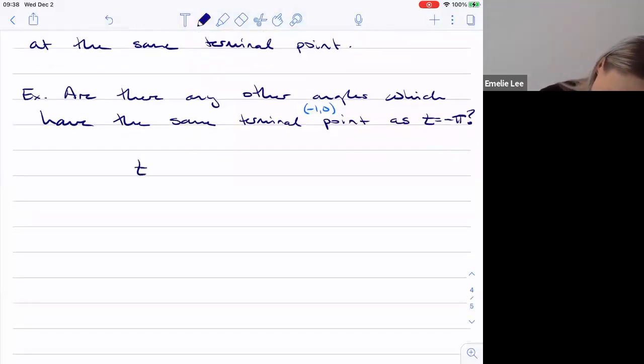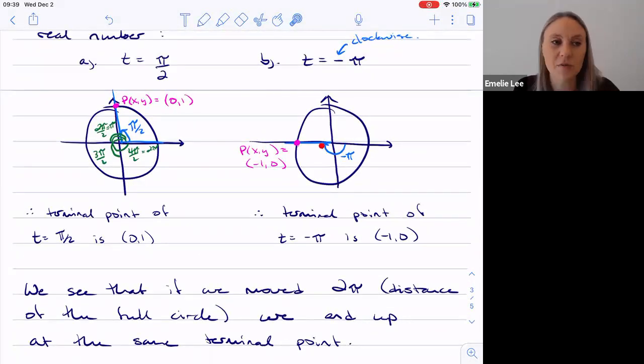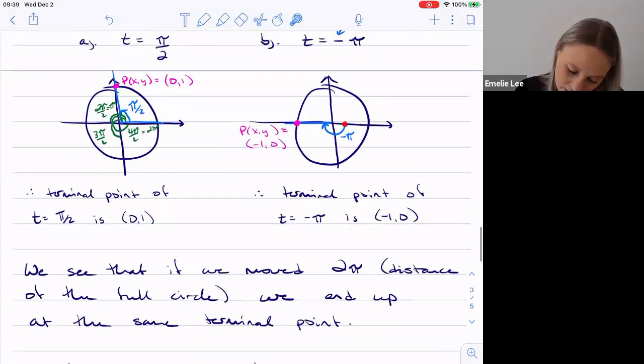So what we can say is we can move t equals negative pi or pi. Notice that it doesn't actually matter if you move negative pi or pi, you end up at the same point. So that's another angle that would put you in the same terminal point.